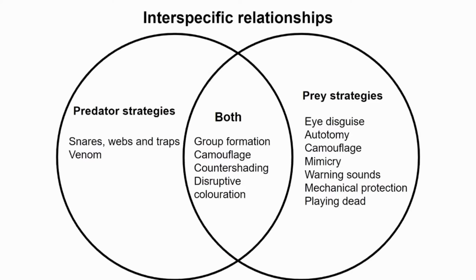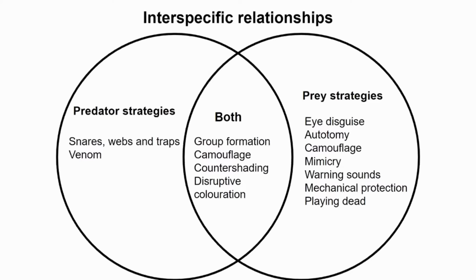Finally, the last idea that you want to be familiar with are, I guess, strategies that we see in exploitation relationships. So what does the predator do to increase its chance of surviving, of getting food, of being able to eat? But what does the prey do? Because it's not defenseless. It has some strategies of its own that are going to increase its chances of avoiding being eaten, for example.